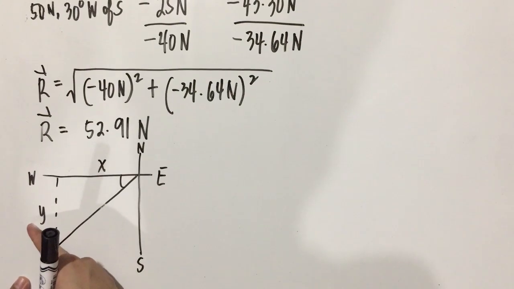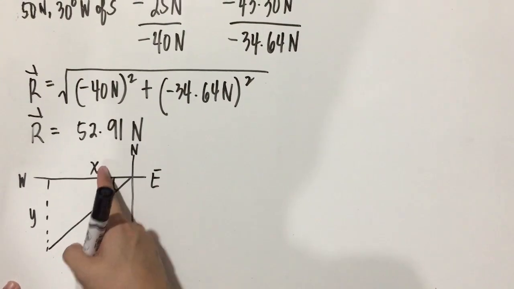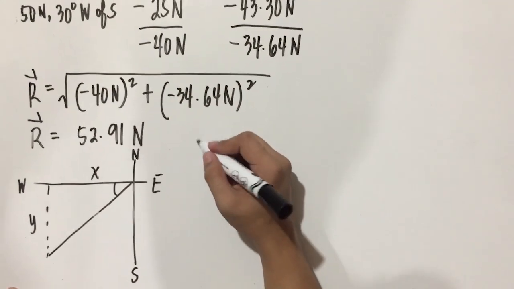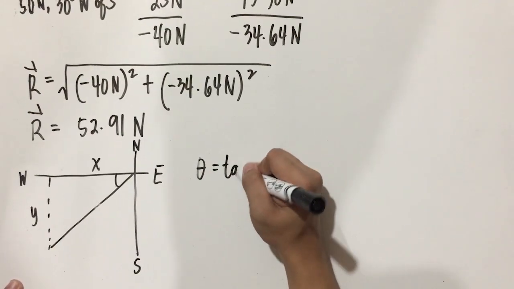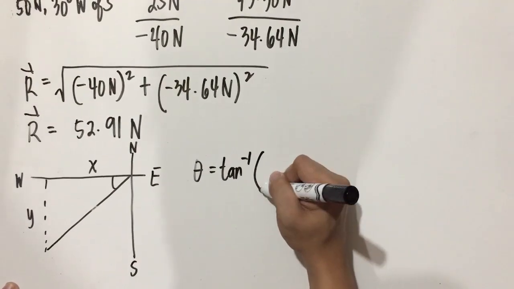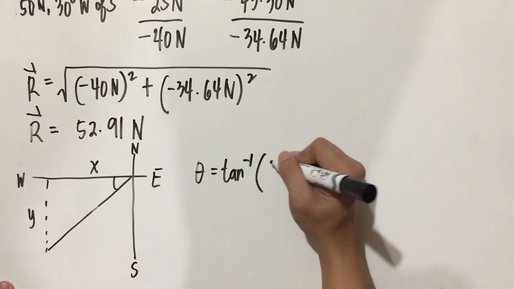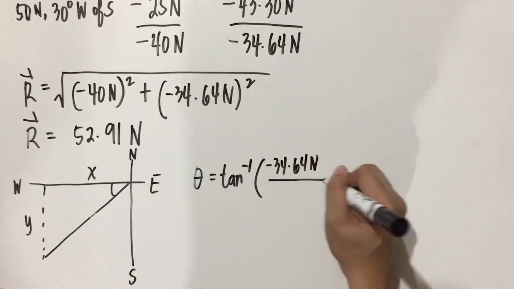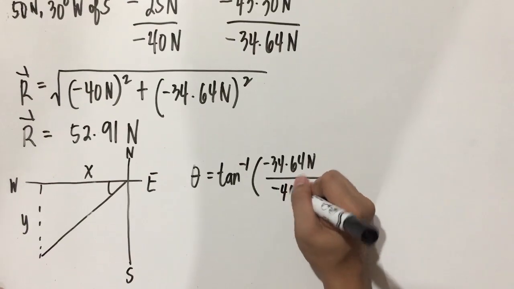Y is negative 34.64 newtons and x is negative 40 newtons. We use the trigonometric function tan, because it is opposite over adjacent: arctan of the quotient of negative 34.64 newtons over negative 40 newtons.